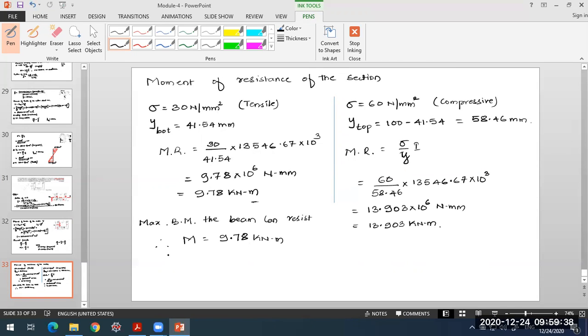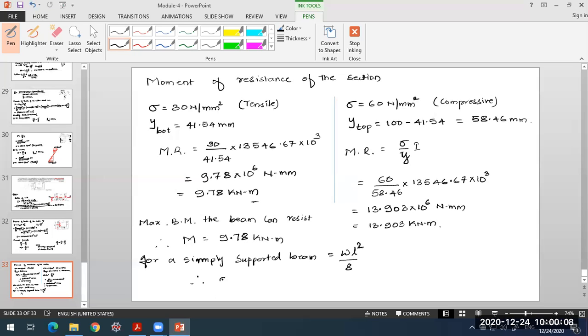Okay, that is 9.78. Now for a simply supported beam, the maximum bending moment coming in the simply supported beam will be WL square by 8 at the midspan. Now I'll equate this value to WL square by 8.